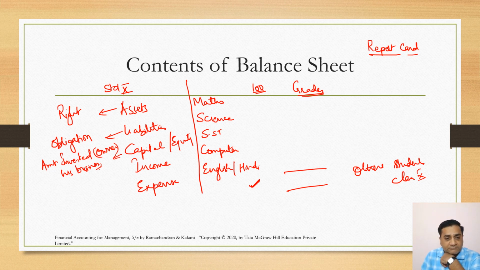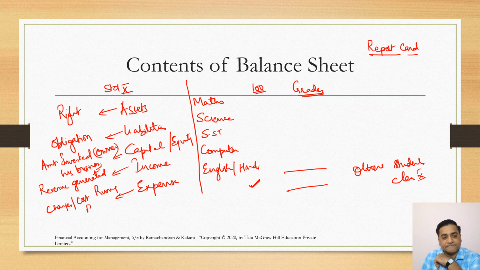Then you have income. Income is the revenue which has been generated due to business activities, or even the activities which are incidental to business. And expense is the amount paid, or the charges, or the cost incurred for running this business.